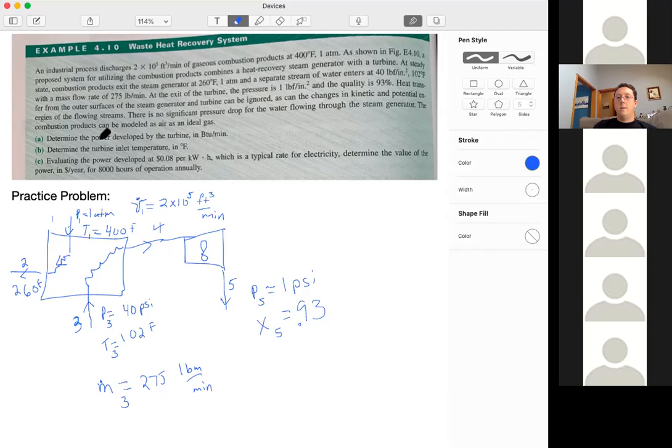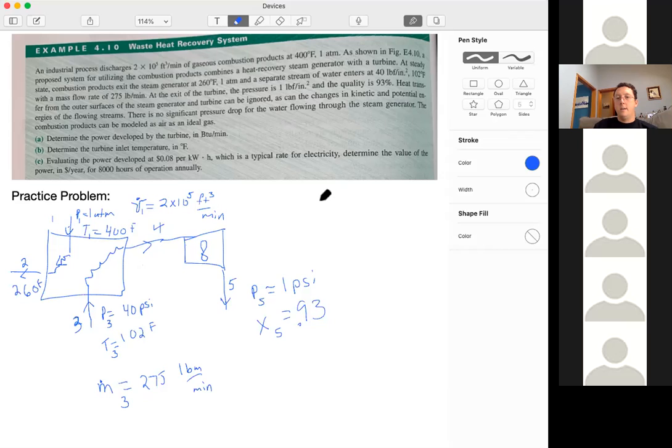Okay, I think I've got all the numbers labeled. They want us to determine the power of the turbine, and determine the temperature as the water goes into the turbine, so the temperature at state 4.